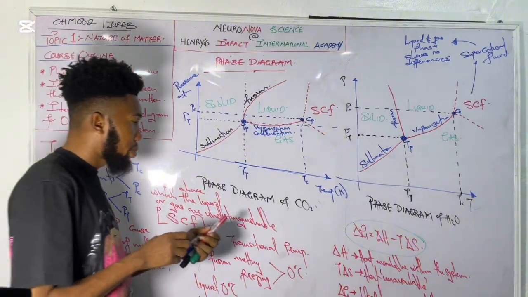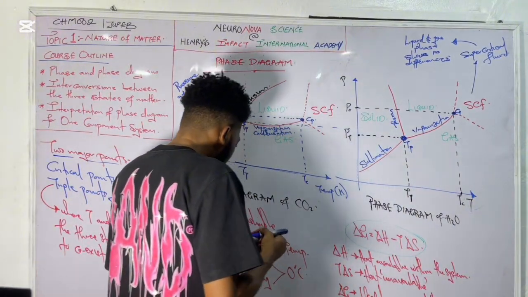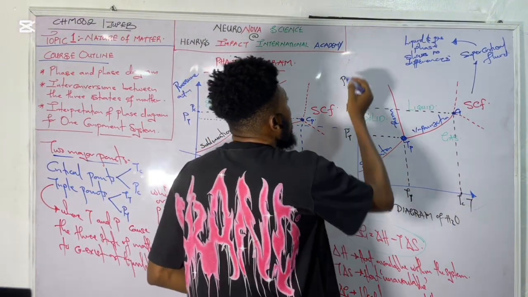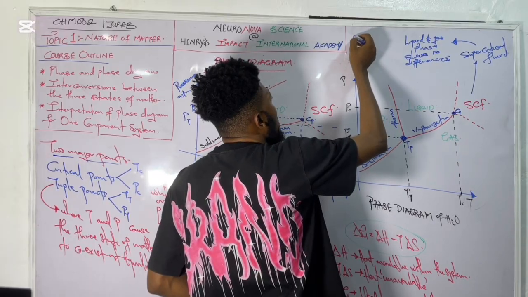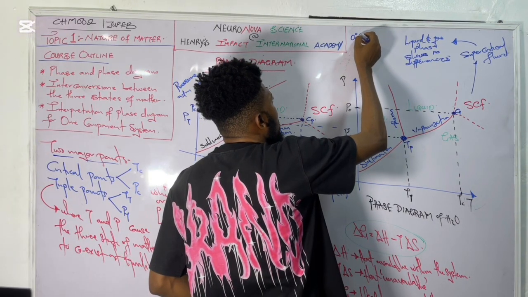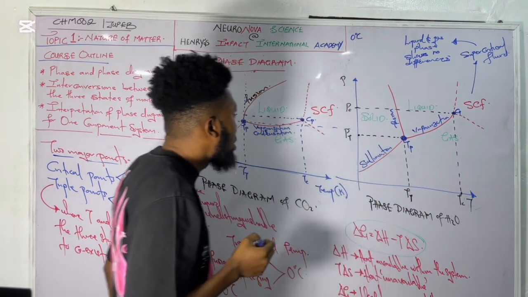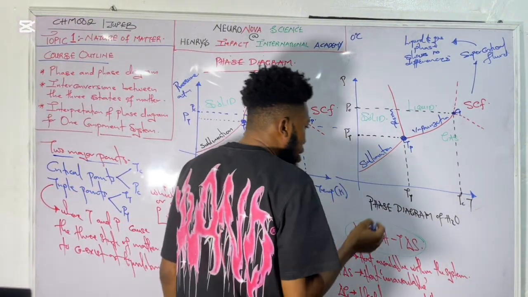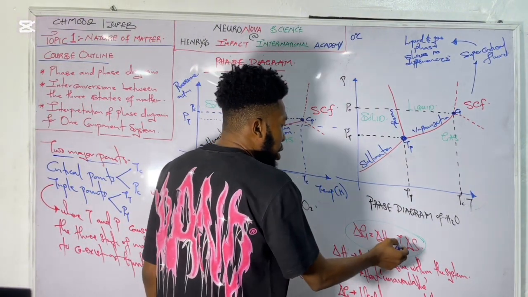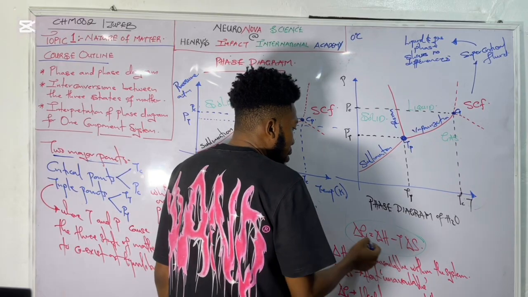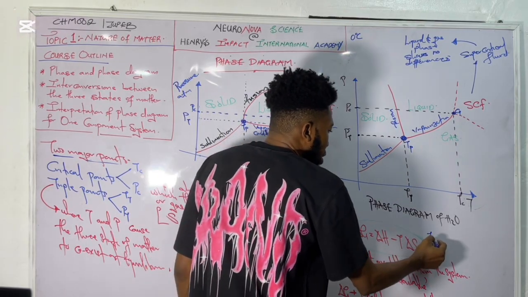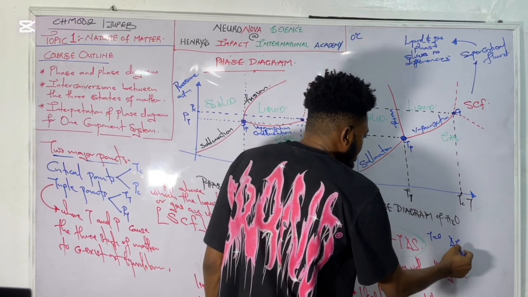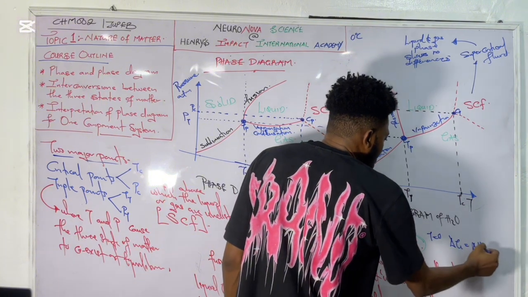Now, at 0 degrees Celsius, if you should input 0 into this expression here, if T is equal to 0, we'll get change in G equal to change in H. What does that tell you?